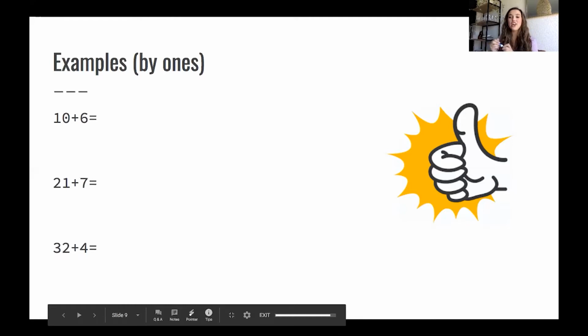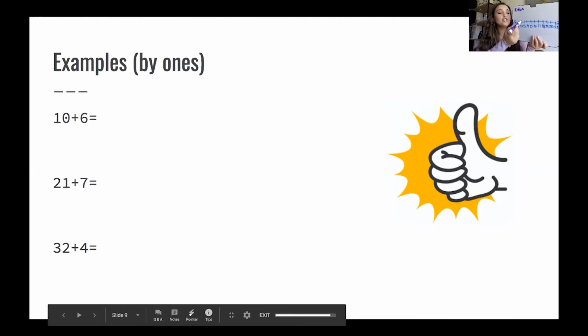All right, so I tried to go for as long as my board would let me since I have a small whiteboard. But let's see, where do you guys see the first number of our number sentence? I'm going to write up here, 10 plus 6. All right, so 10 is the first number.